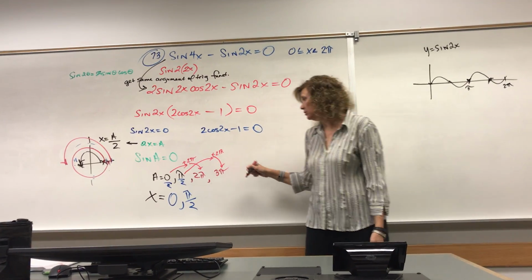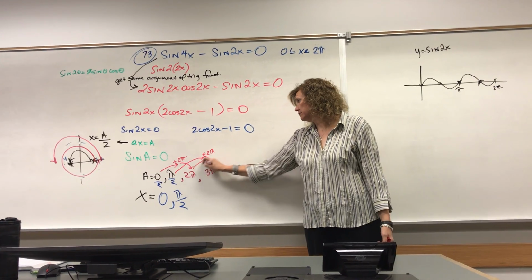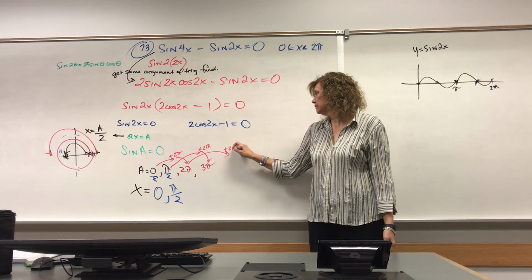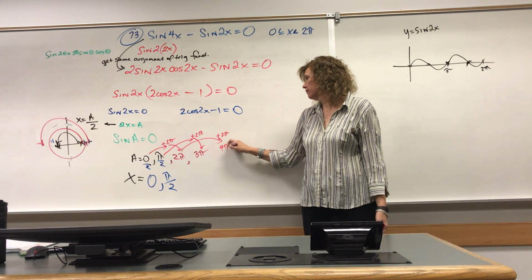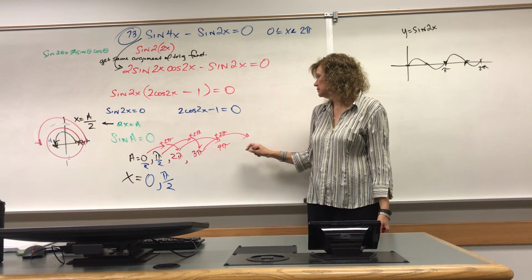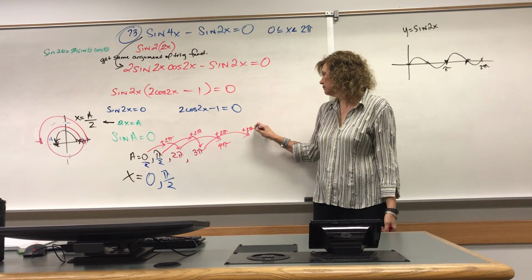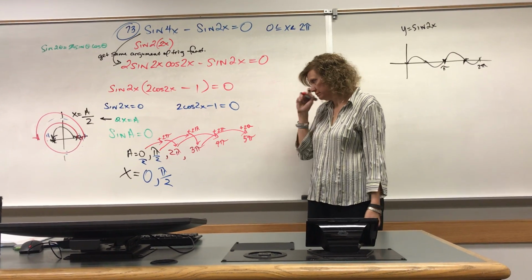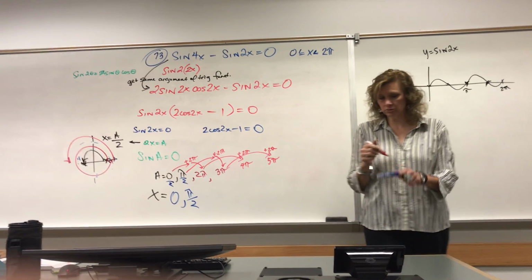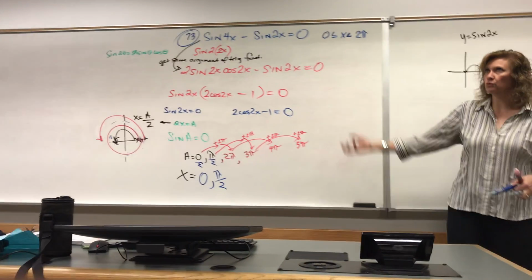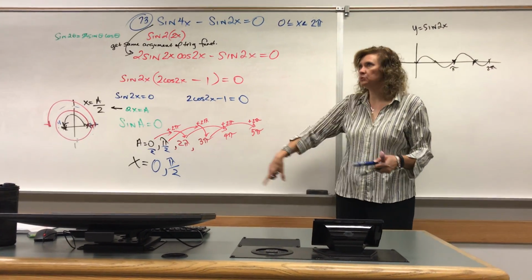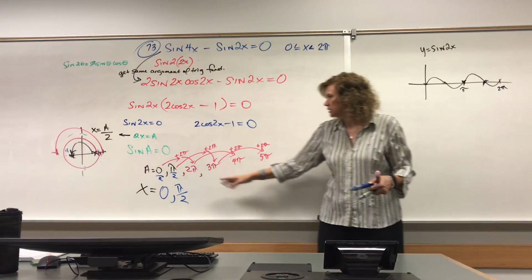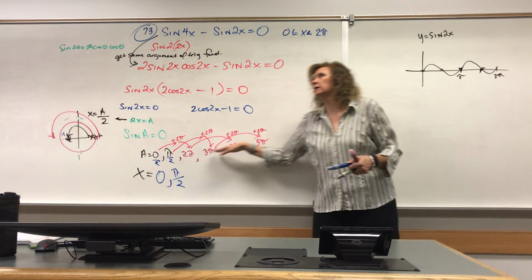I could continue and just add 2 pi and get 4 pi. Add 2 pi, get 5 pi. So we're just adding a unit of rotation, 360 degrees or 2 pi because we're dealing with radians. All right, and you do that to your A angles.